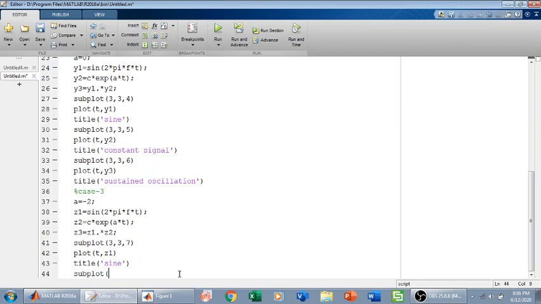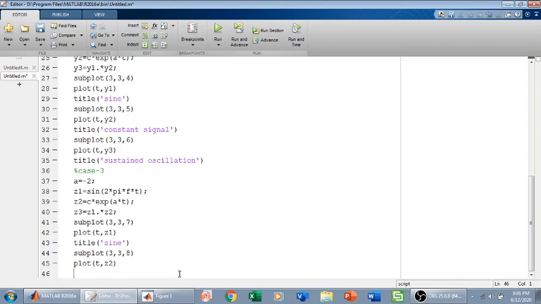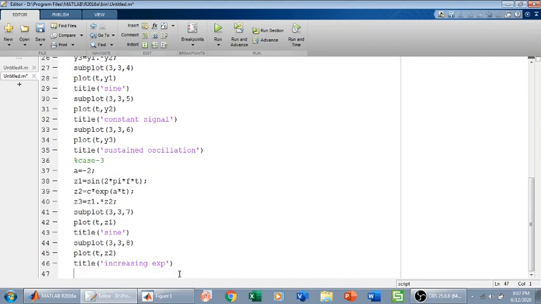Again subplot 3 cross 3, and at the 8th position I will plot the exponential, which is z2, and give it a title. Fine.